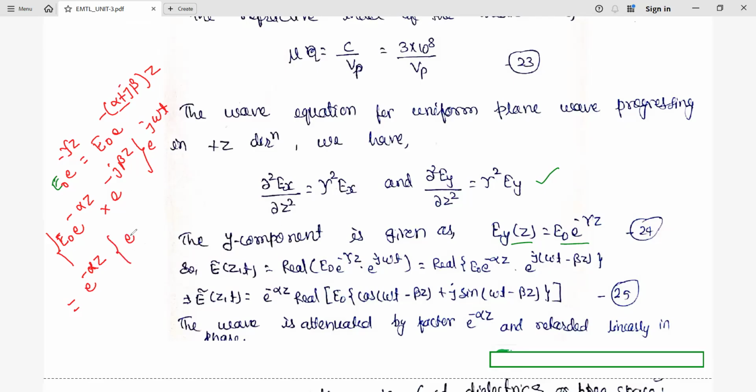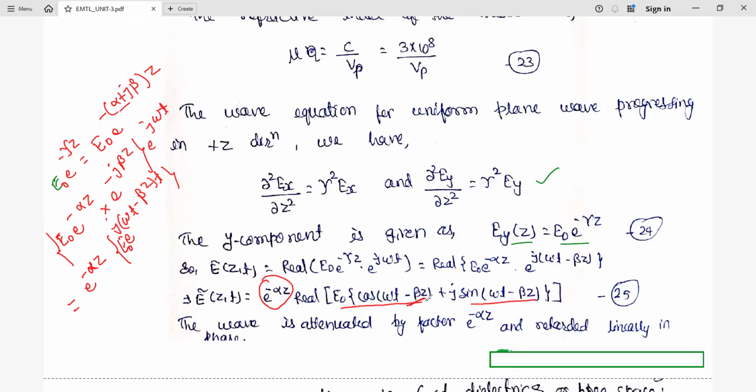And here we'll have E naught and e to the power j (omega t minus beta z). So this j is outside here. Now finally, real part of this we have cos (omega t minus beta z). So this is the real part and this is the imaginary part. So here it's showing that the wave is being attenuated by the factor e to the power minus alpha z, and it is being retarded linearly in phase, since here we have minus beta z.